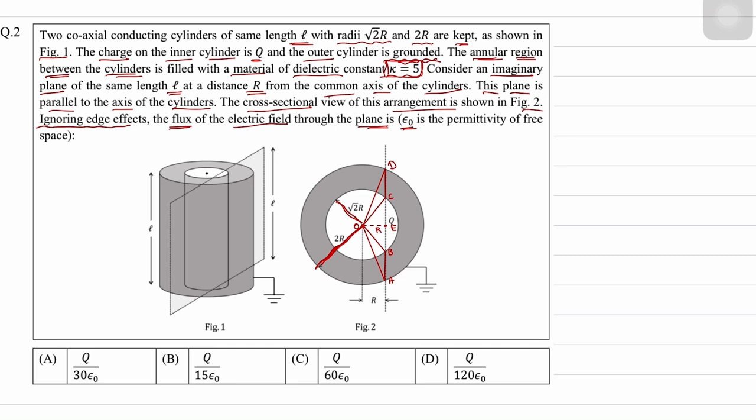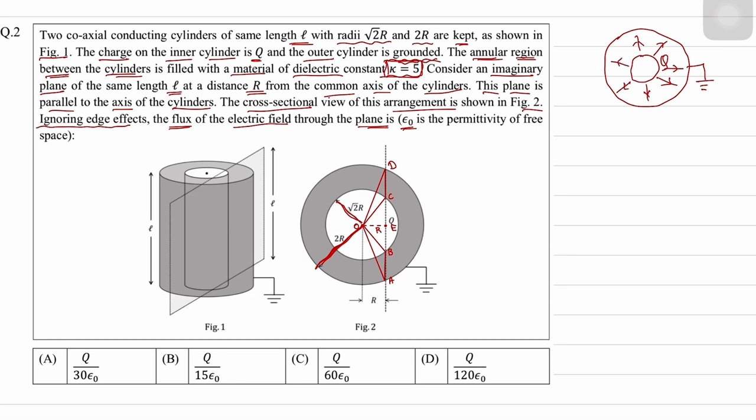First of all, we have to recall the theory of concentric spheres. When two concentric spheres were given, the outer one was grounded and the inner one was given charge q, the electric field was found only between these two spheres, in the annular region.